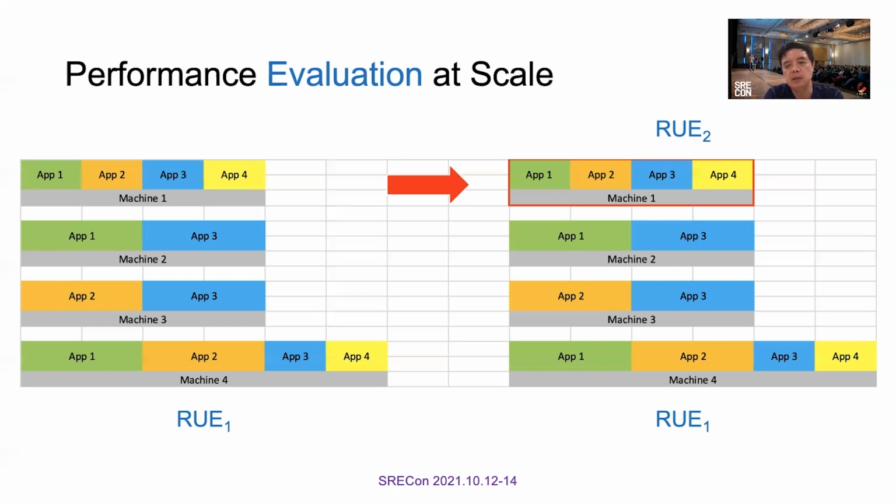That means when you're looking at the figure on the right, you have application 1 running on machines 2 and 4 with the old configuration, and application 1 running on machine 1 with the new configuration. You can see that we are comparing the new configuration and the old configuration at the same time.